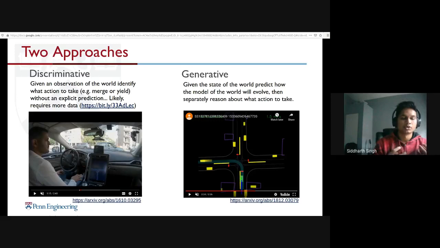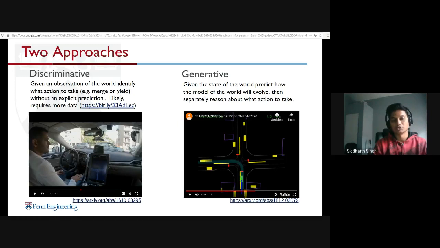In order to predict, what will you predict? You will either recreate the entire situation a few seconds in the future, or you will try to predict only the action of the object or what you're seeing without recreating the scenario.